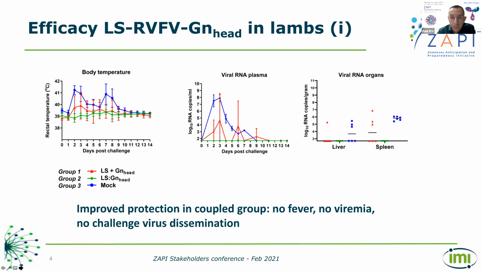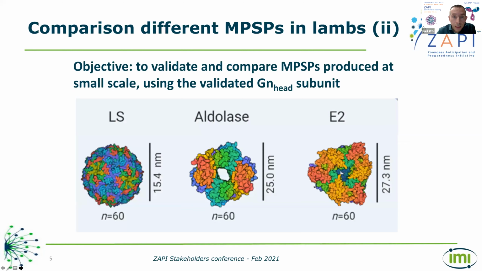Next slide, please. Following this experiment, we at WBVR performed a similar trial in which we assessed whether different MPSPs might also influence the immune response to GN head. We used lumazine synthase, albalase, and E2 and coupled the same GN head subunit to these particles and used this in a vaccination trial again.